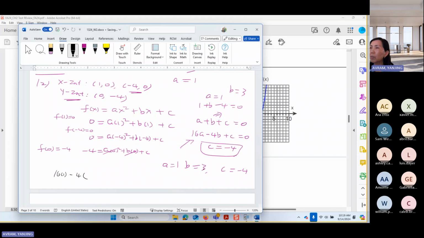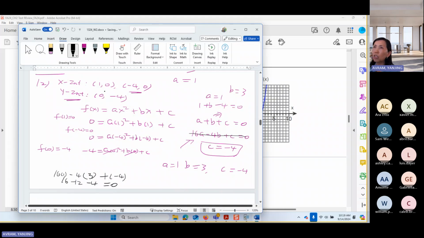I plugged in B for the C. So B here is 3, and then plus C, which is negative 4. So that's 16 minus 12 minus 4, which is equal to 0. That's exactly right. So we actually do not need this second equation in order to find B, but we can just use it to double check. Using A equal to 1 is really easy.